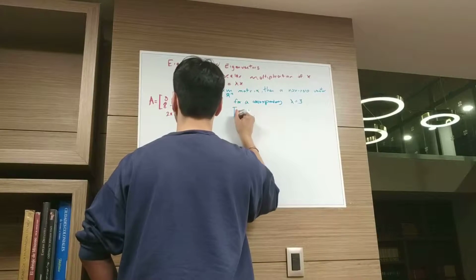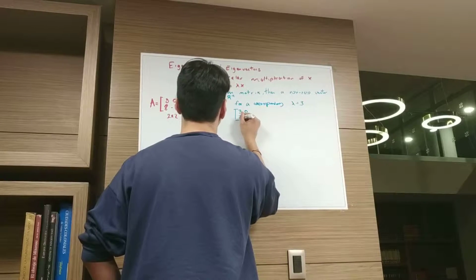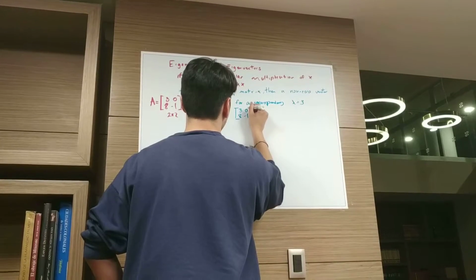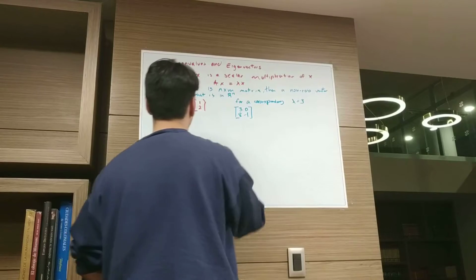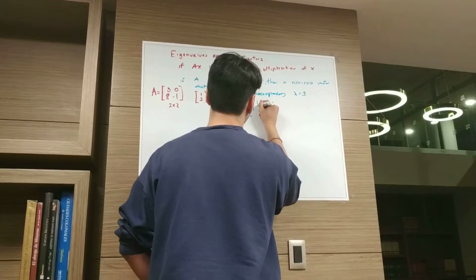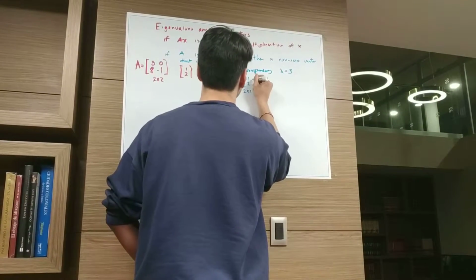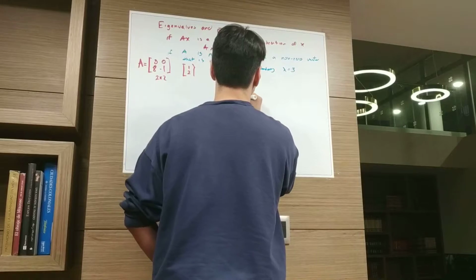First, the matrix we need to multiply by the vector. That's why it needs to be the same 2. So 2 times 2, and this is a 2 times 1 vector, so it can be multiplied.